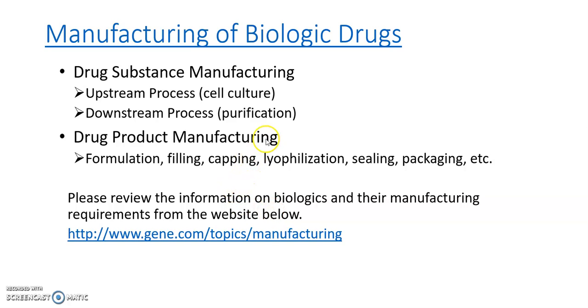Now, when you manufacture a biological drug, there are two main stages. The first stage is drug substance manufacturing. You probably learned about upstream processing and downstream processing, where you have genetically engineered cells producing your API molecule, maybe proteins.